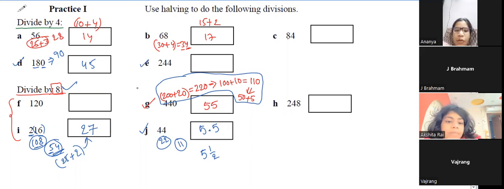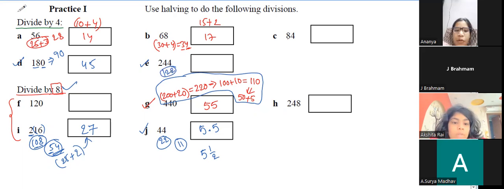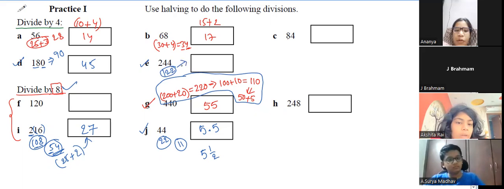Akshita. Yes. So E. 224 can be split into 200 and 24. 24's half is 12 and 200's half is 100. So 100 plus 12 is 112. Half of 100 is 50 and 12's half is 6.